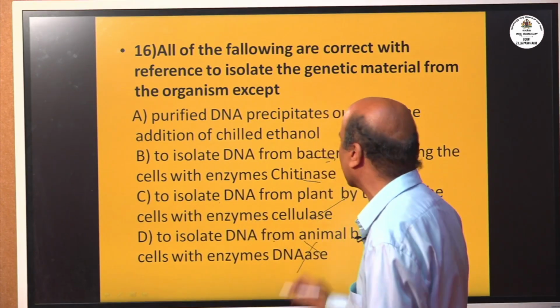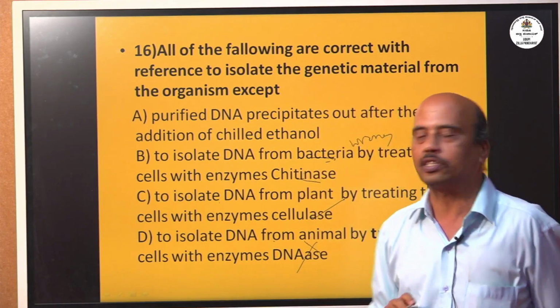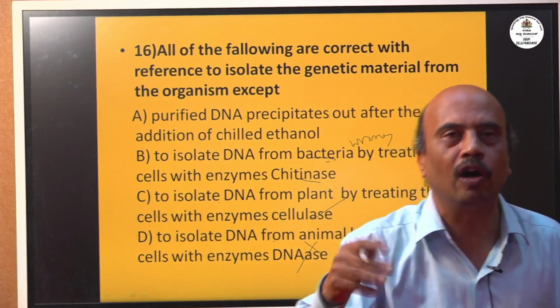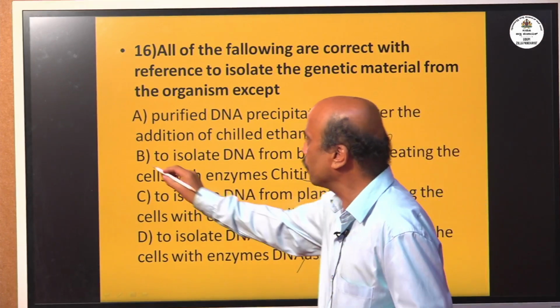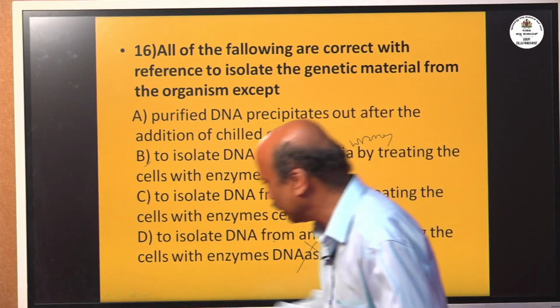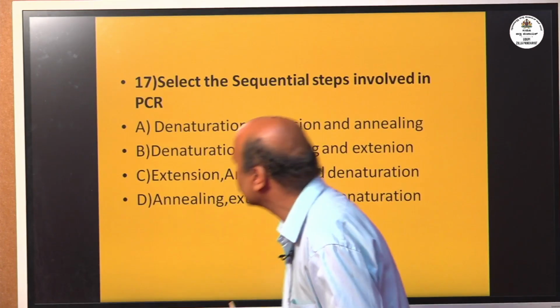So this is also wrong. Here these two are wrong statements. B and D are wrong. So A and C are right. So except B and D, A and C are correct. Okay. Then we move on to the next question.